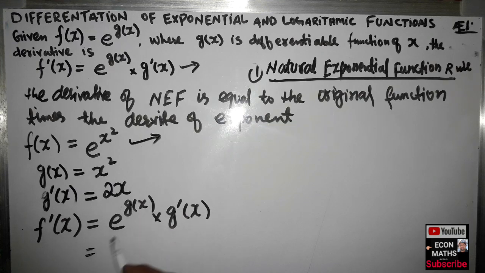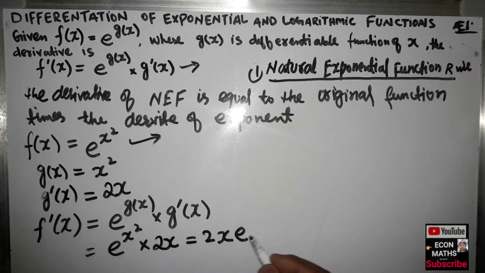Our original function is e to the power, now g of x is x square, so I will write x square, times g dash x, which is 2x. This is equal to 2x e to the power x square.